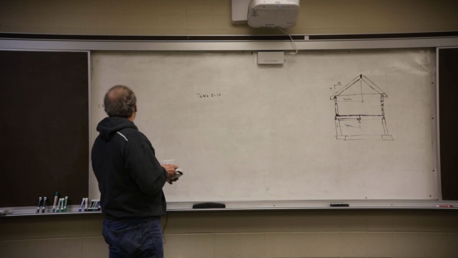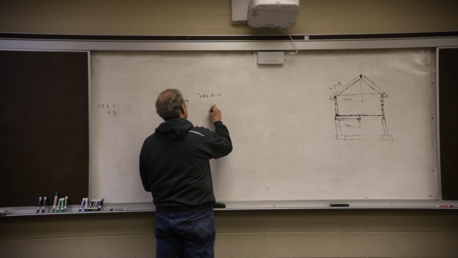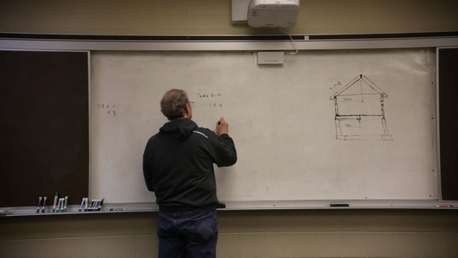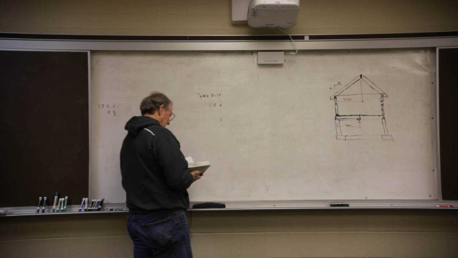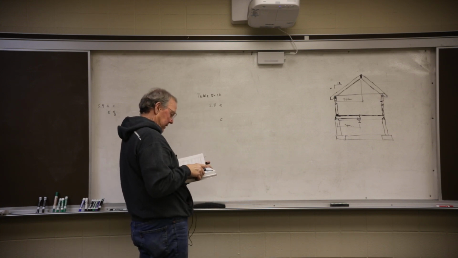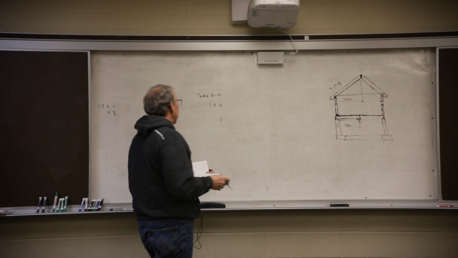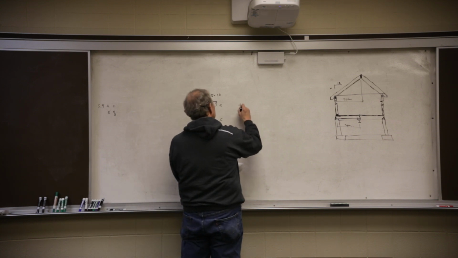So for A and C, 5.9, A and C. Number 2, live load of 40, dead load of 10.